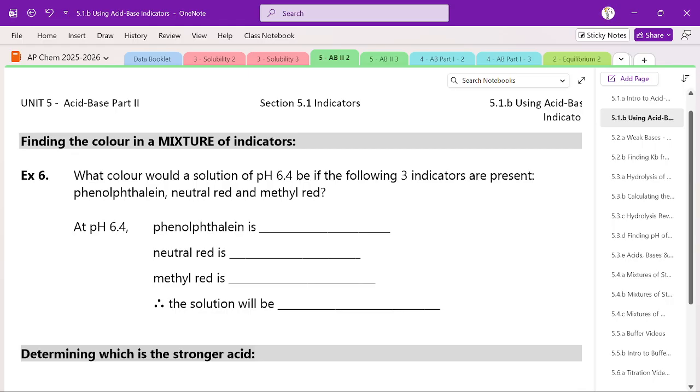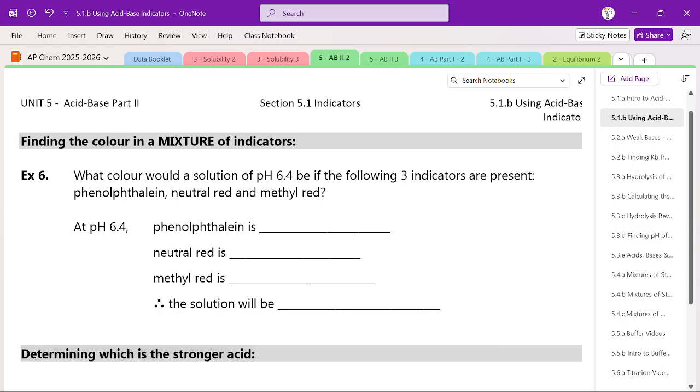It's color combining. Why are we putting in like 3 different indicators? Well, have you guys ever heard of universal indicator? Universal indicator is an indicator that contains a bunch of other indicators. It contains various indicators, and they all change color at different pHs.